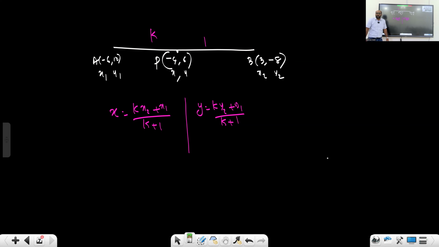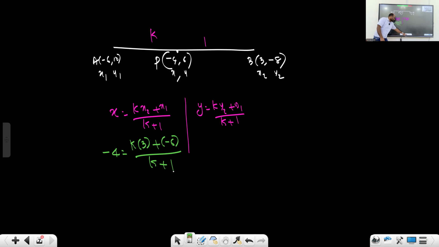Towards x, which value is there? Substitute it: -4. We don't have k, but we have x2. So it is (k into 3 plus x1), where x1 is -6, by (k plus 1). I replaced the values of x, x1, x2.